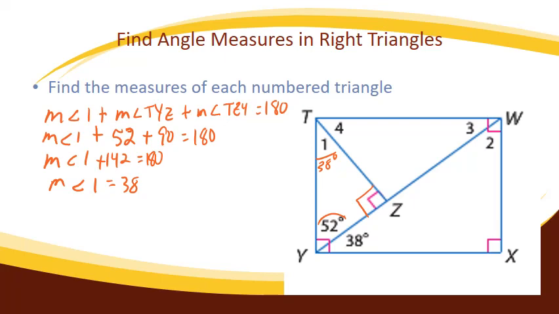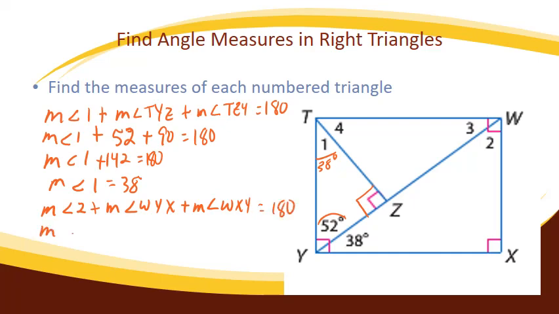So let's see, the measure of angle 2 plus the measure of angle WYX plus the measure of angle WXY equals, we're going to say 180.